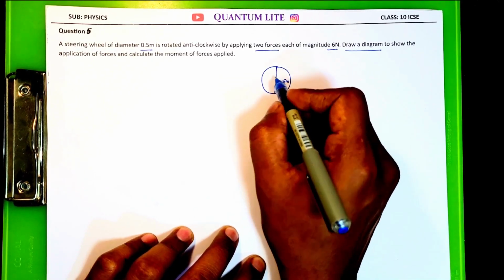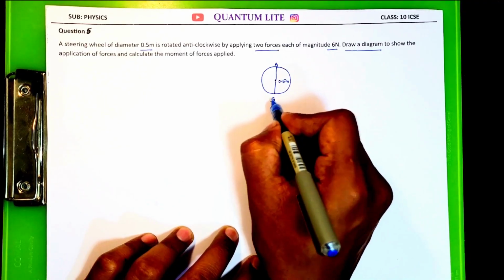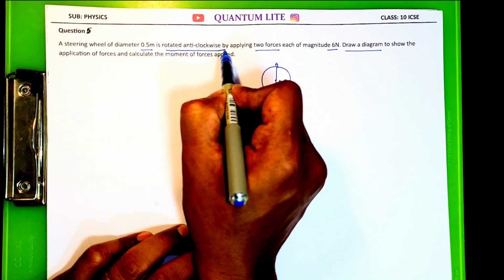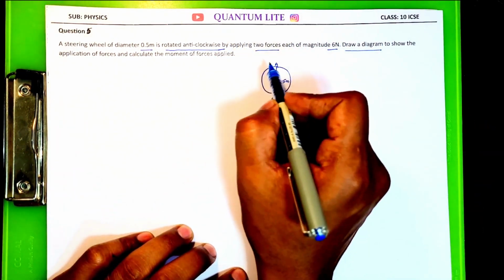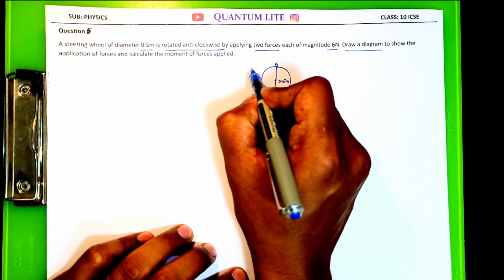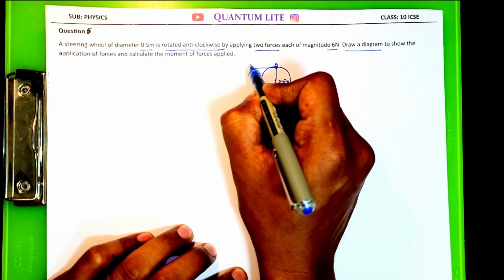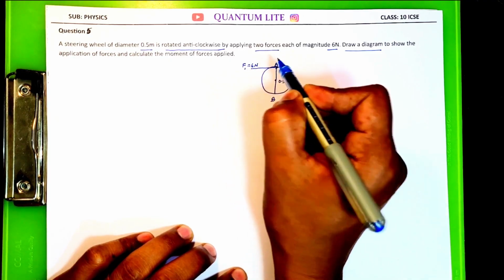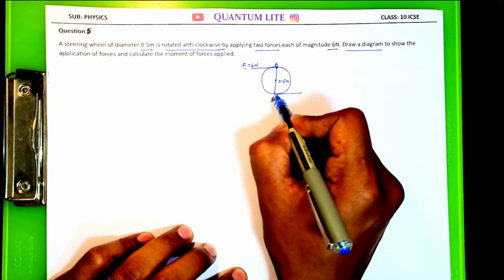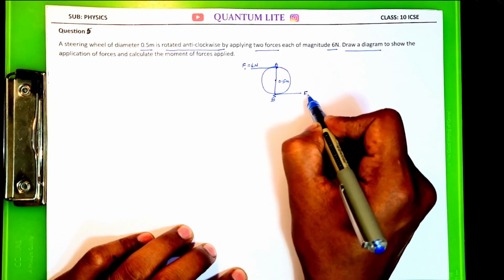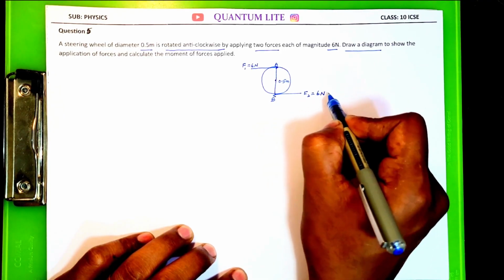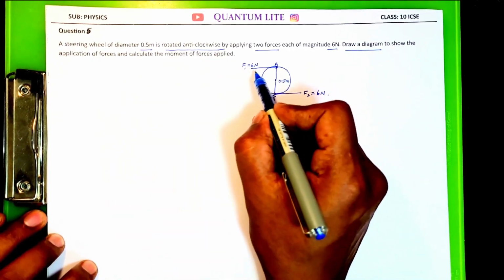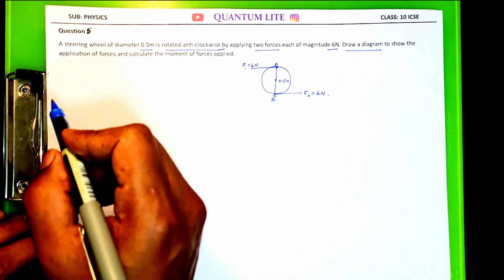Let us take A and B. It's rotated anti-clockwise by applying two forces. One is in this direction, F1 equals to 6 Newton, and the other one is in the opposite direction, F2 equals to 6 Newton. Now they asked us to calculate the moment of force, but here two forces are acting, that means moment of couple.